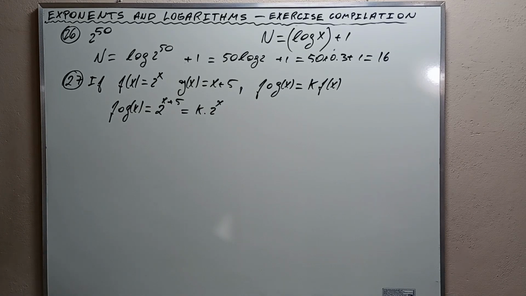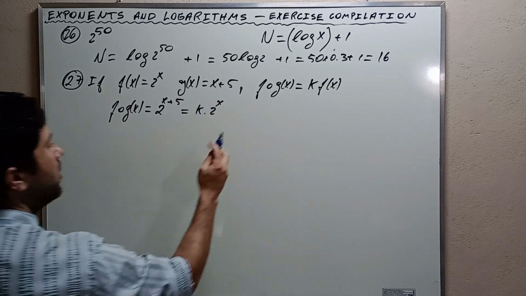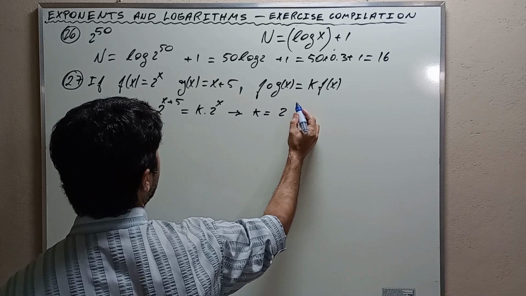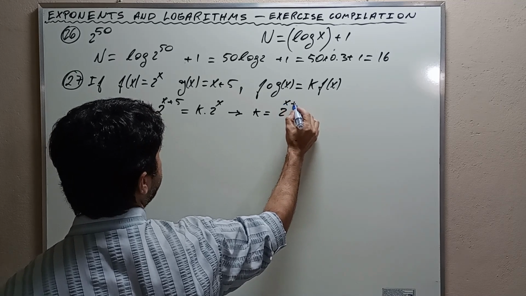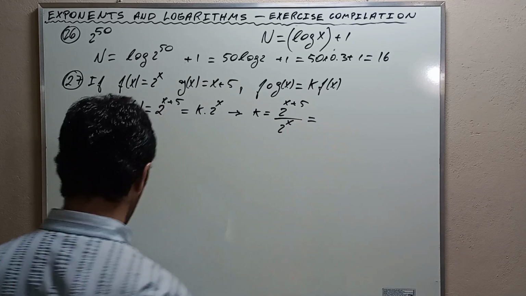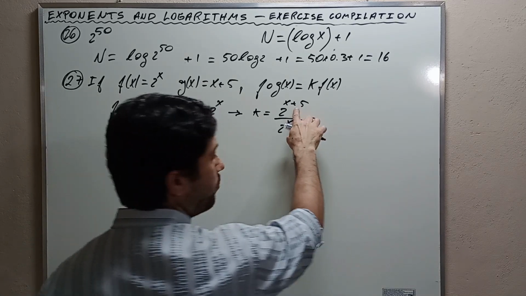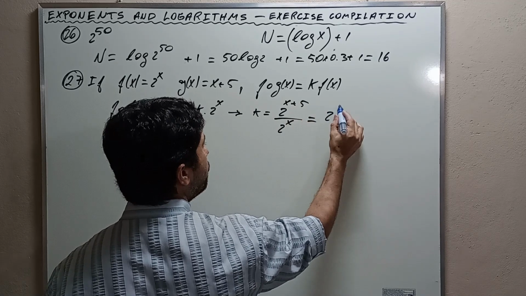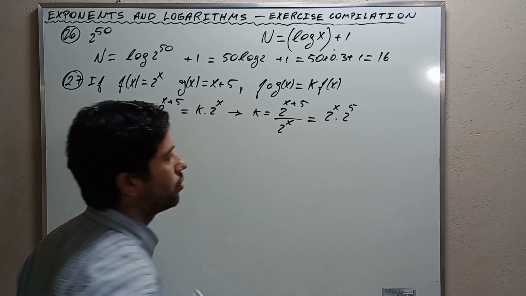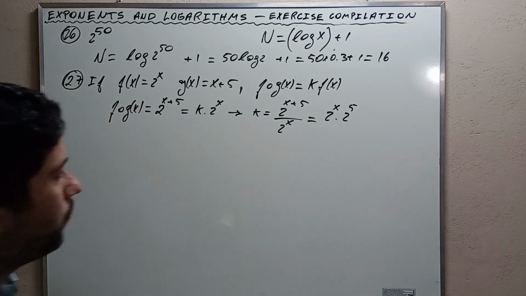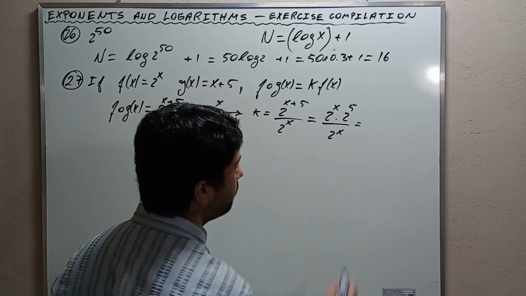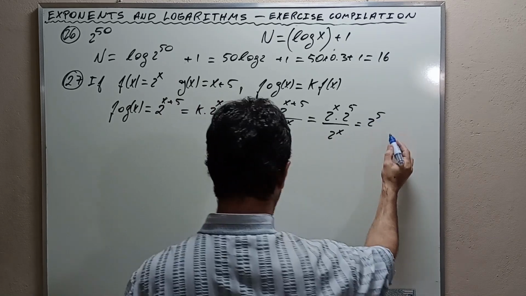And in this way, we pass this dividing, we find that k is equal to 2 raised to the power of x plus 5 divided by 2 to the x. And this is equal to, separating here, 2 to the x times 2 to the 5th power divided by 2 to the x, which is simply 2 to the 5th.